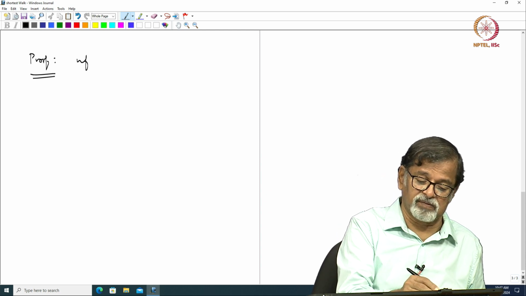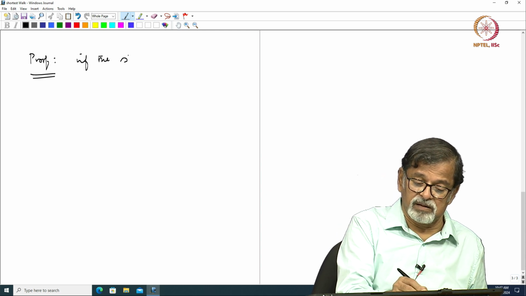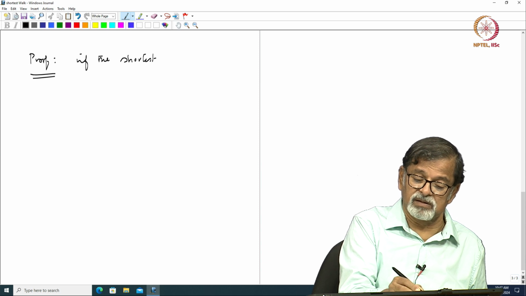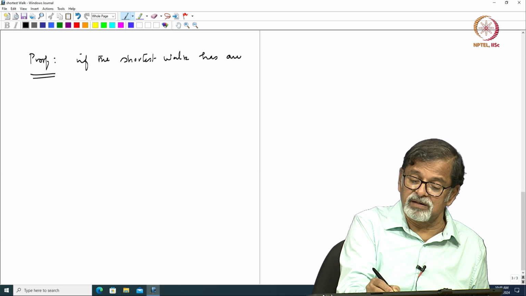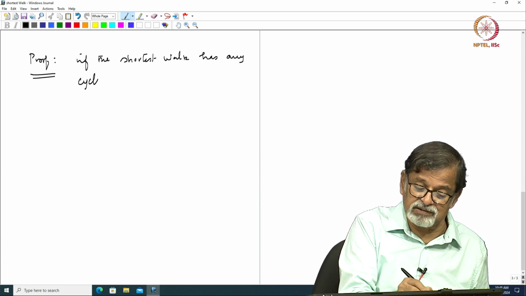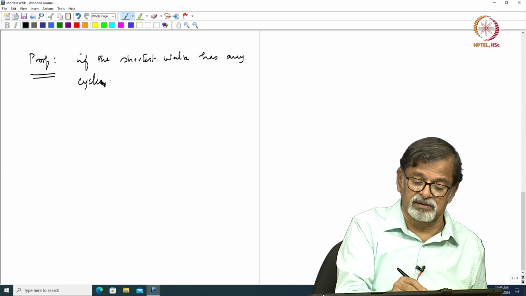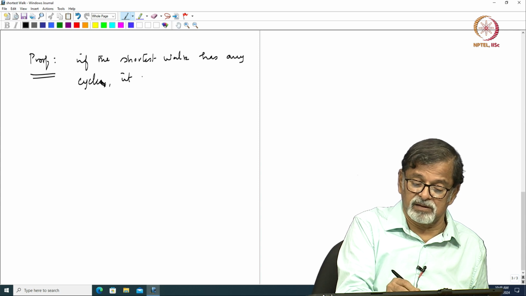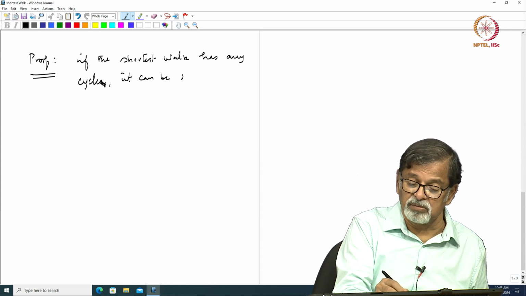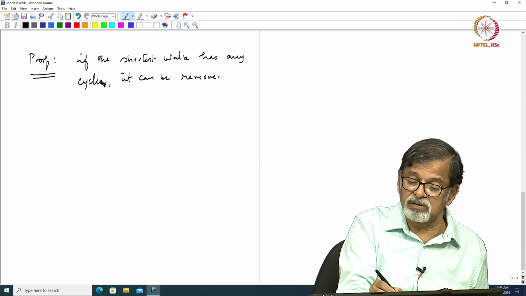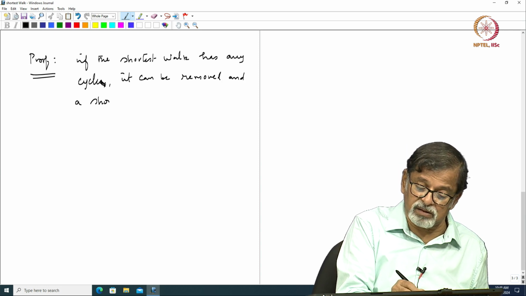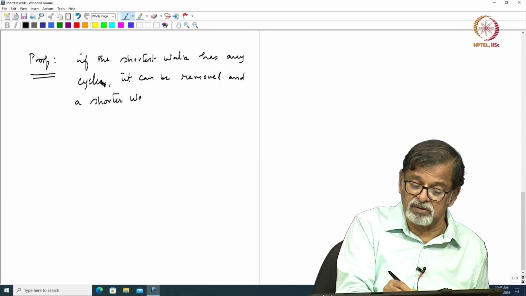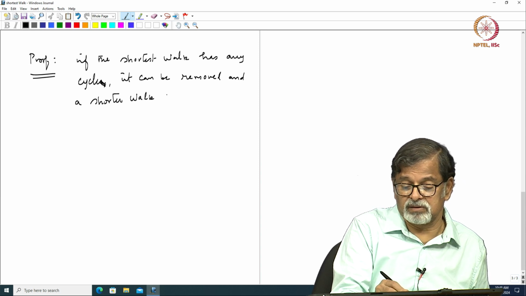If the shortest walk has any cycle, it can be removed and a shorter walk is obtained.